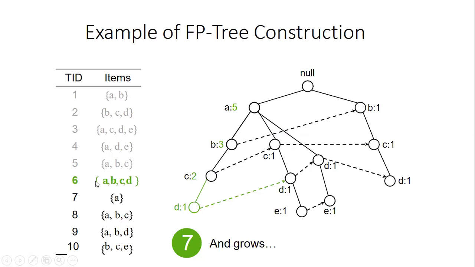From the first transaction to the sixth transaction, the total number of A is 5, it should be here. Total number of B will be 3, total number of C will be 2. Then A, B, C, one more item is purchased by the customer, so that is extended to D. But we will be linking to the other branches to get the total count of D.